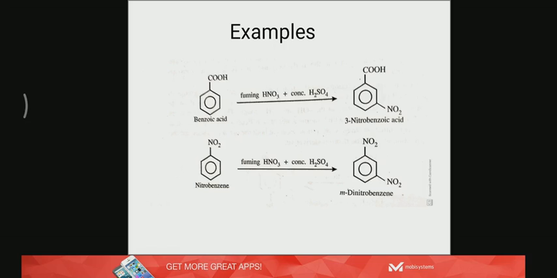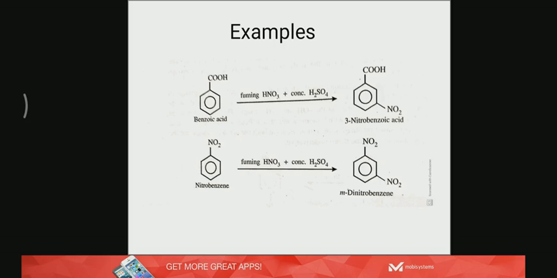The second example, nitrobenzene is further nitrated. What do you get? You get meta-dinitrobenzene. Why? Because NO2 is deactivating and meta-directing. So the next group comes at meta position. So remember that here the reactivity decreases due to this deactivation.